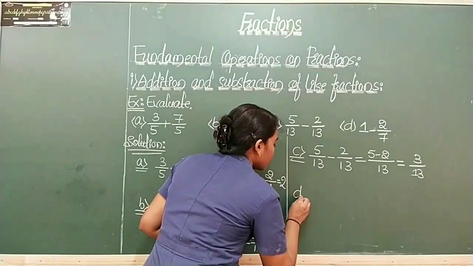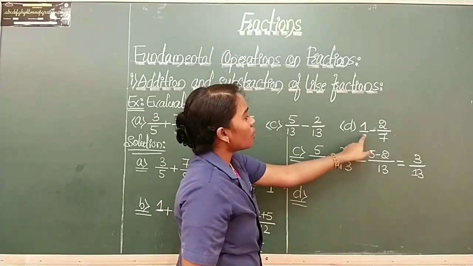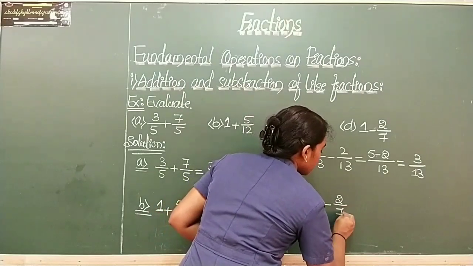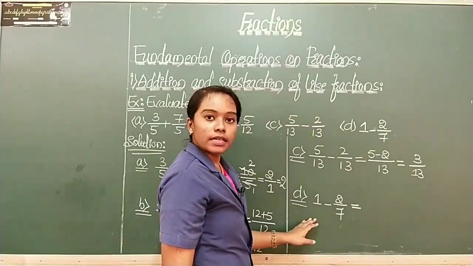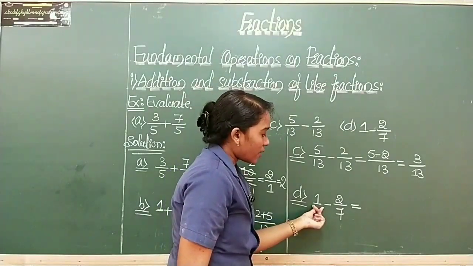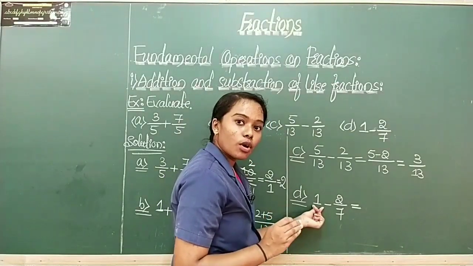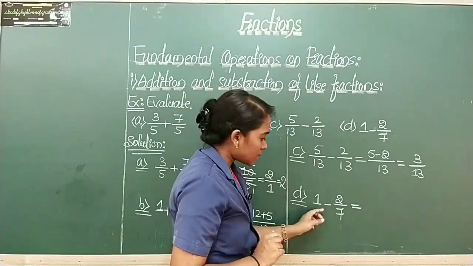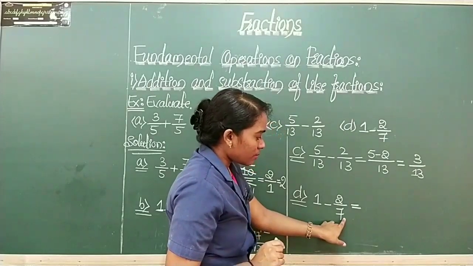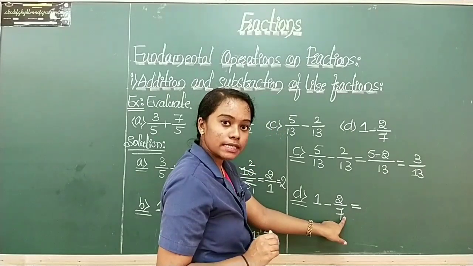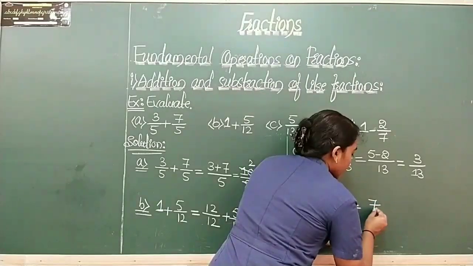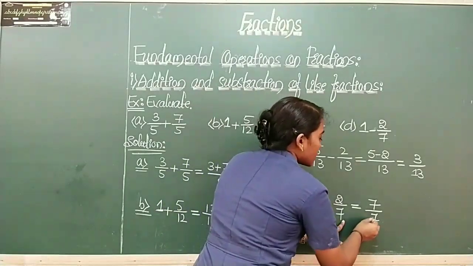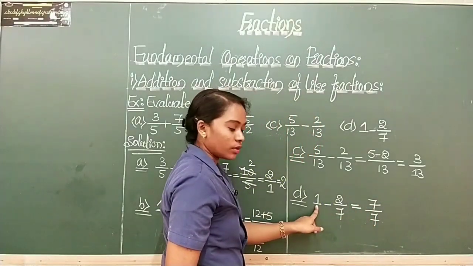Let's solve this last example. 1 minus 2 by 7, it is equal to 1. We have to write it in the form of a fraction. How we have to write? See, for that you just observe the denominator here, which is 7. 7 by 7. Because if we divide it, 7 ones are 7, you get 1 only.